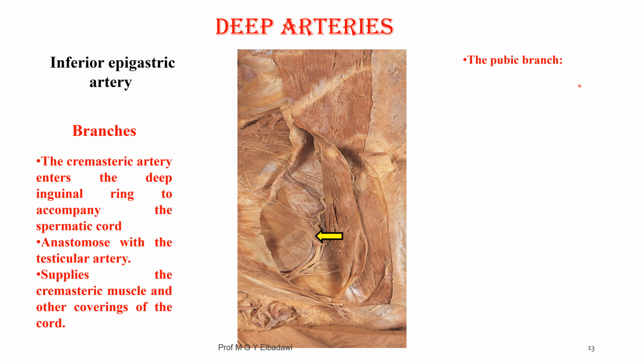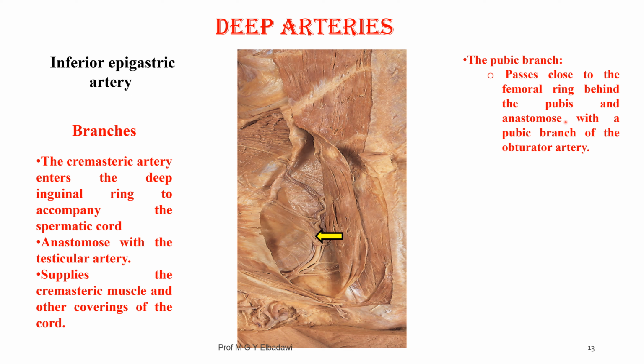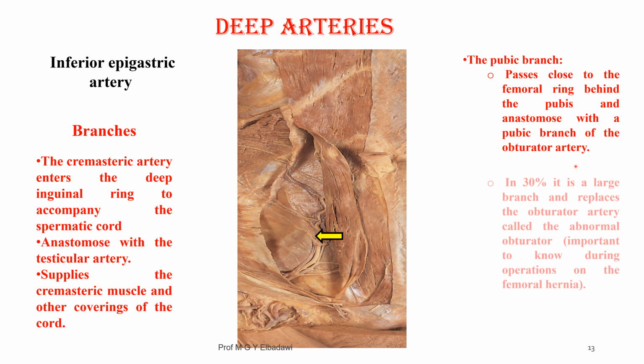The important one is the pubic branch, which passes close to the femoral ring behind the pubis and anastomoses with the pubic branch of the obturator artery on the pelvic surface of the lacunar ligament.